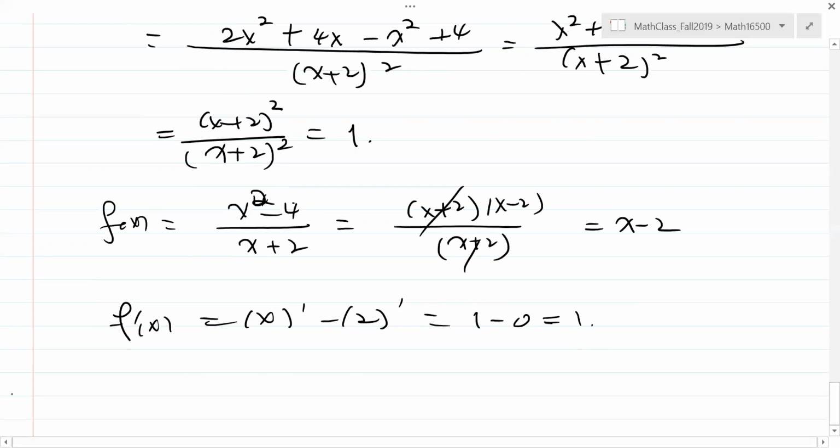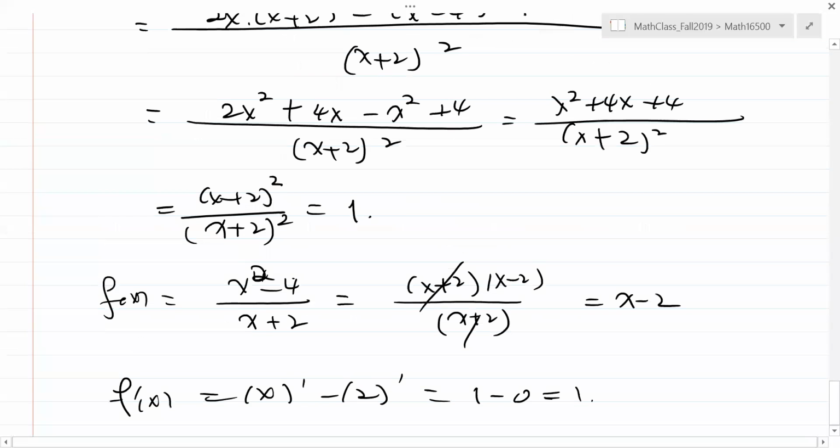That helps you save your time, because the function is simple, so you don't need to waste too much time. If possible, simplify the function first.